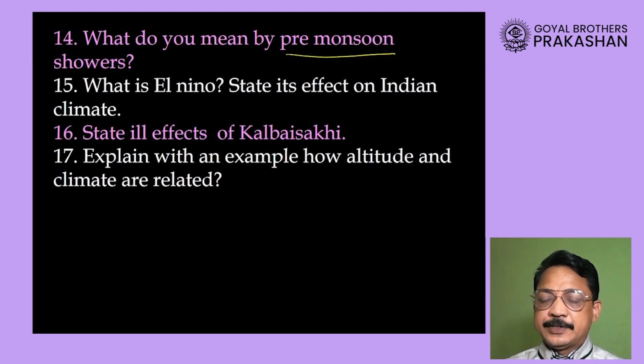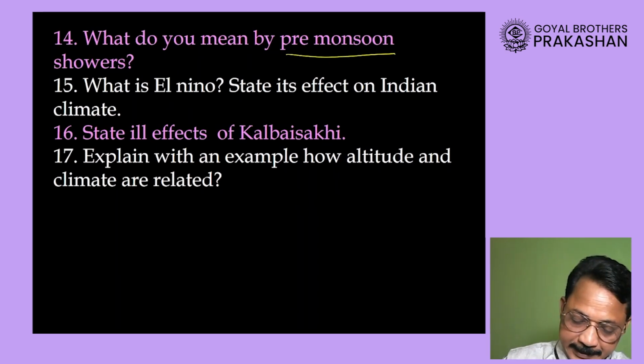Some of the data says they are flowing in a gap of maybe 2 to 7 years. It is the warm ocean current blowing along the western coast of South America, especially the Peru region. Now, what is its effect on Indian climate? Whenever this El Nino is flowing, it causes drought conditions in India, and in this way causing less rainfall in India, affecting climate of India adversely.